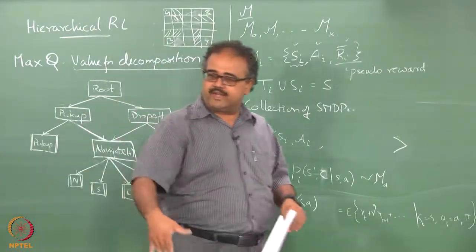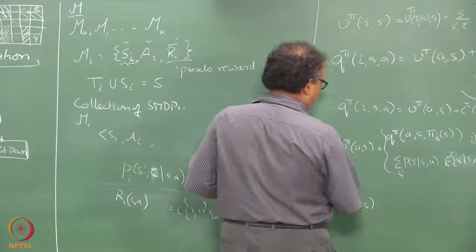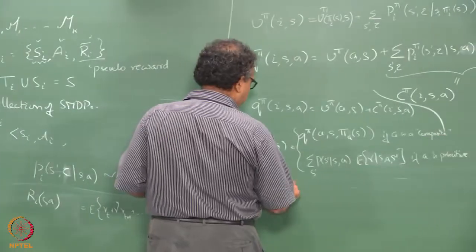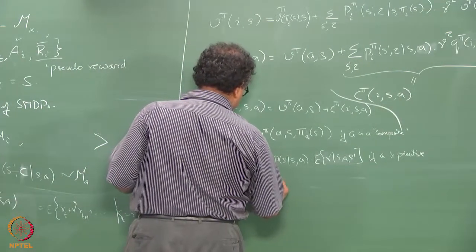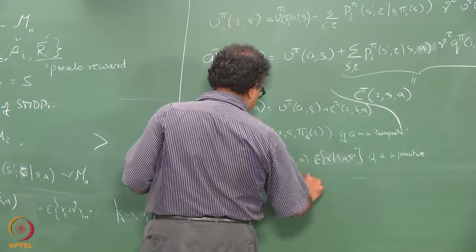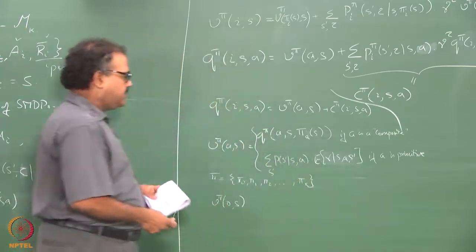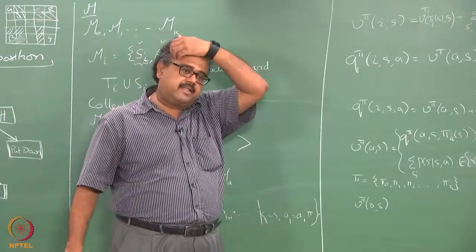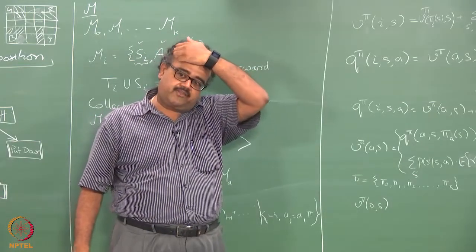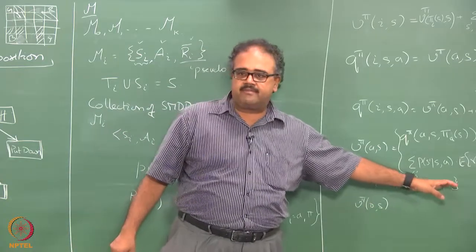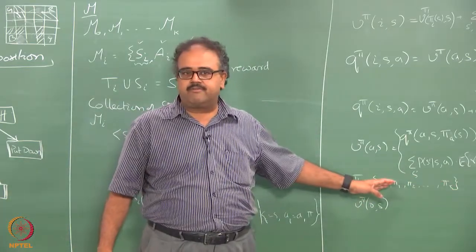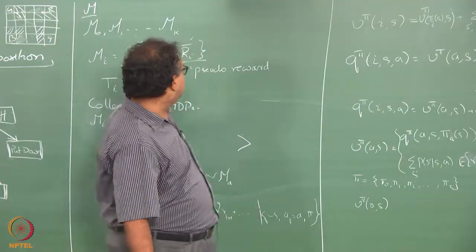First let me define some notation for you to write this out. So I am going to say pi is composed of, any policy pi that I define is a hierarchical policy and it composes of pi 0, pi 1, pi 2 up till pi k, which are the policies I will be following in each one of the k subtasks.